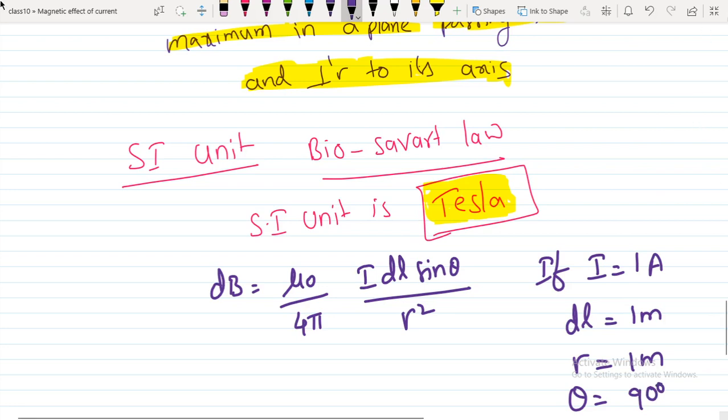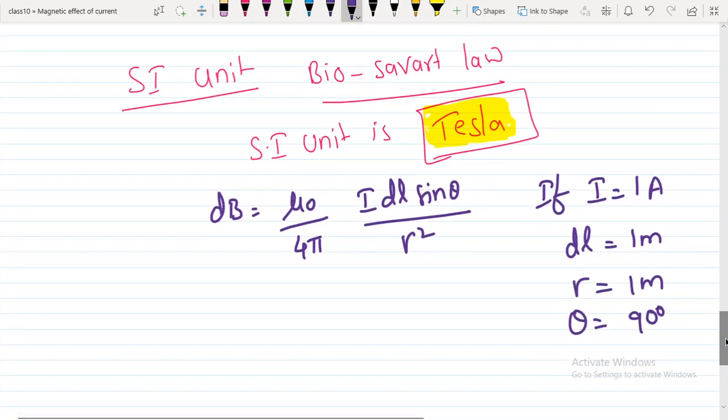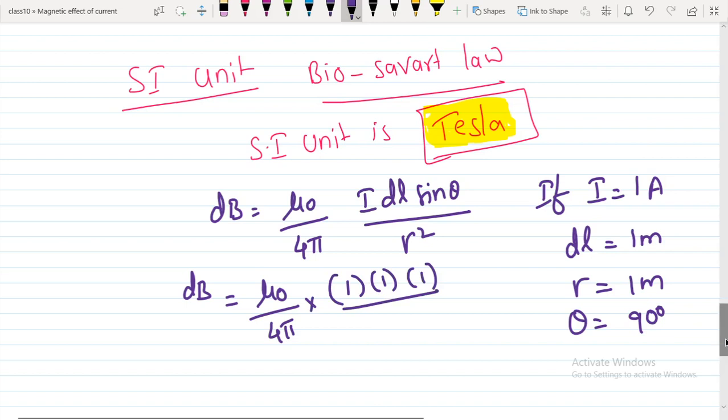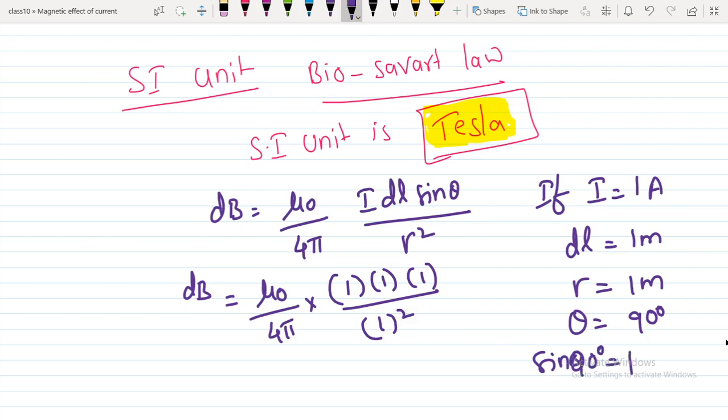Then if you substitute all the values here, dB equals mu naught upon 4 pi times the rest of the values, where everything becomes 1 times 1 times 1 upon 1 square. Since theta equals 90, sin 90 is equal to 1. So we get the elemental magnetic field dB equals mu naught upon 4 pi.